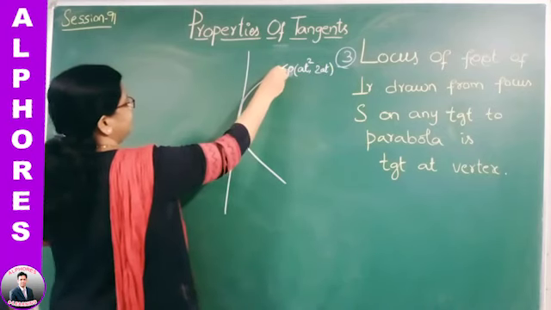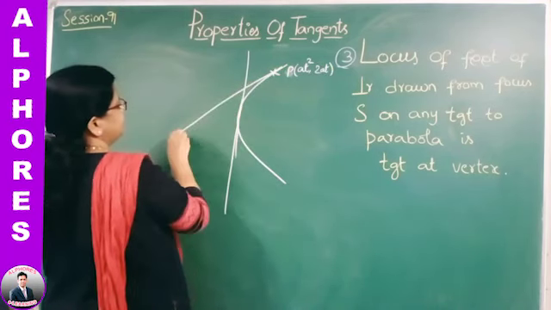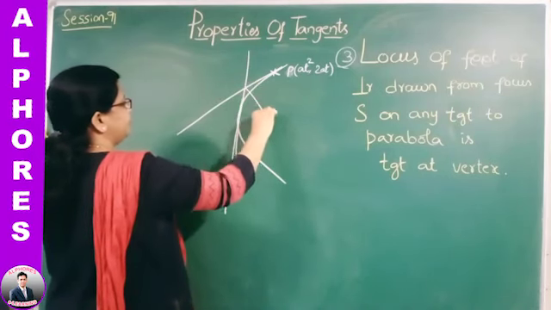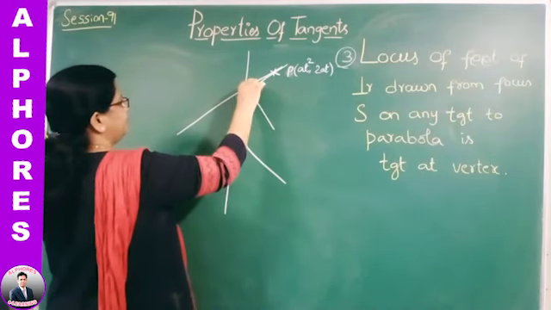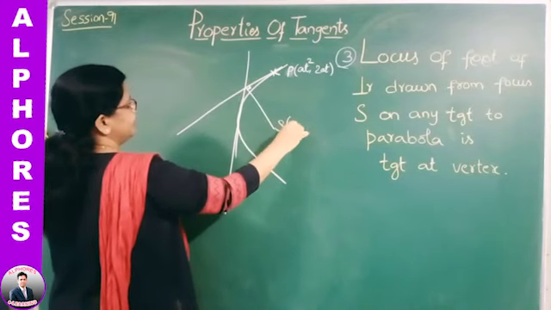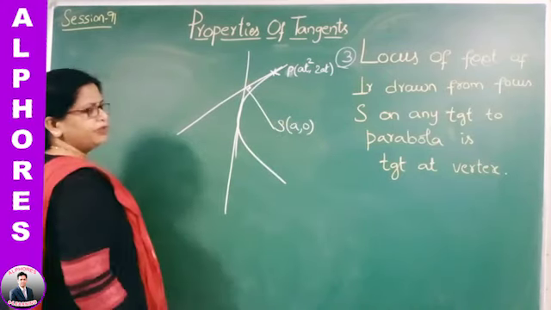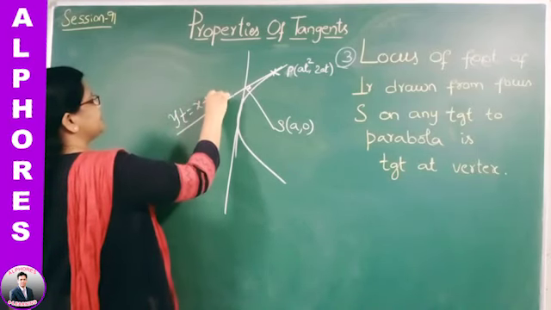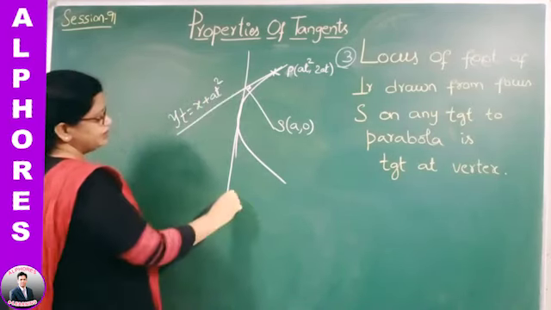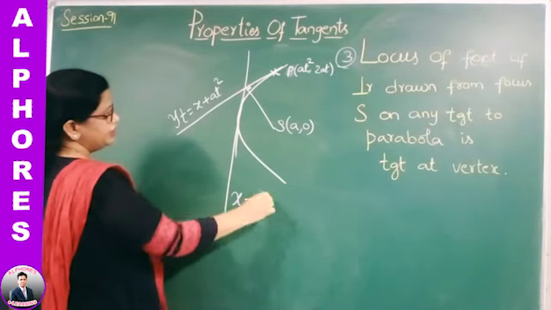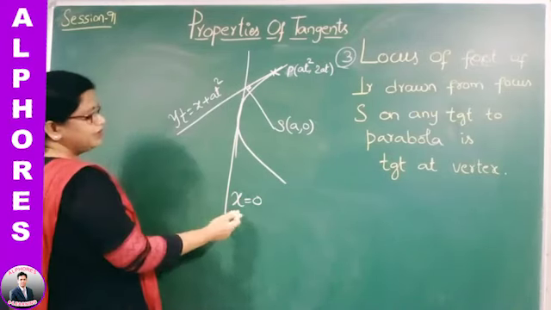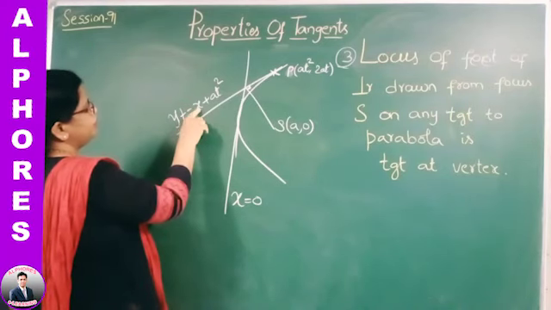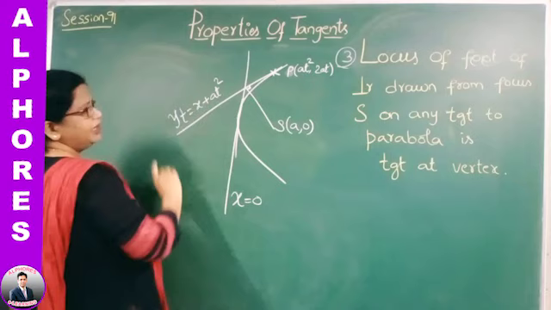And now we have taken a tangent here like this, and next the focus, from which we take the perpendicular. So this is our S of a comma 0, and the equation you know is yt equal to x plus at square, and the equation of the tangent at vertex is the y axis, that is x is 0. So when x is 0, students, the coordinates are y equal to at, okay.